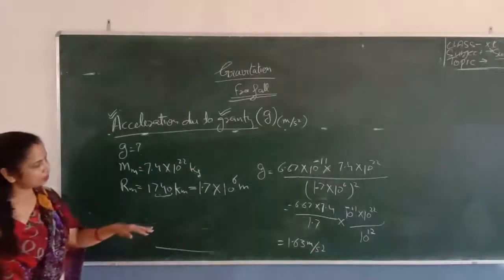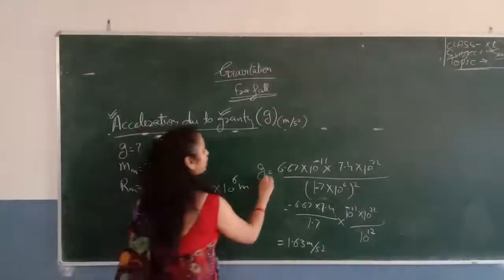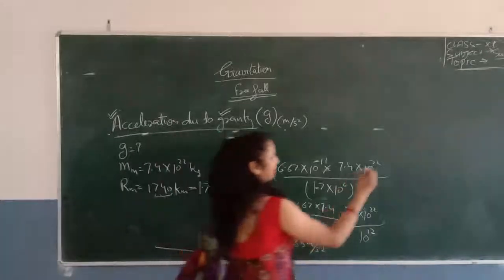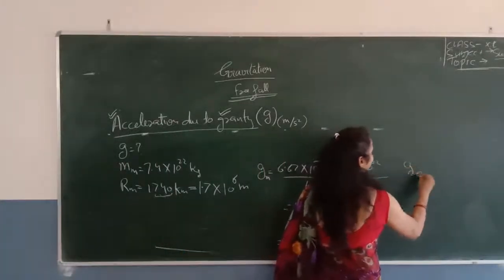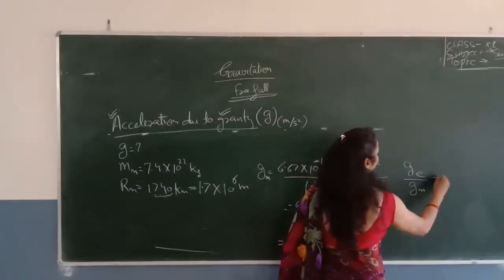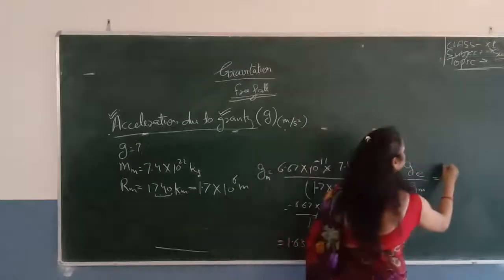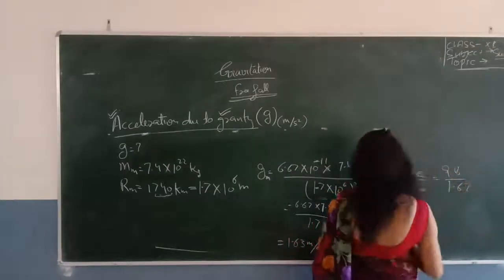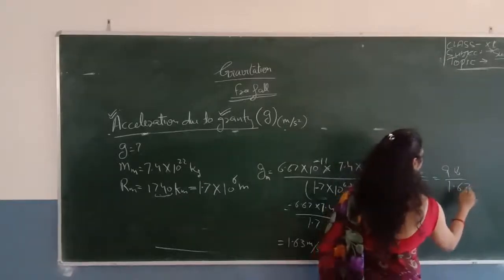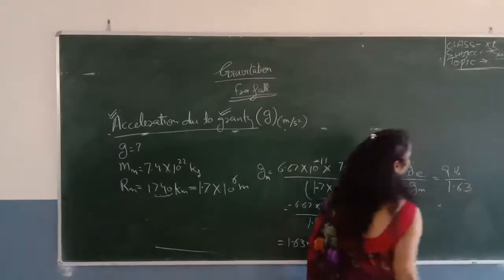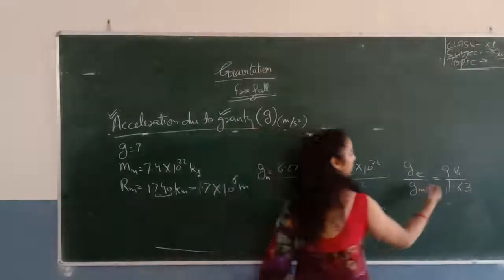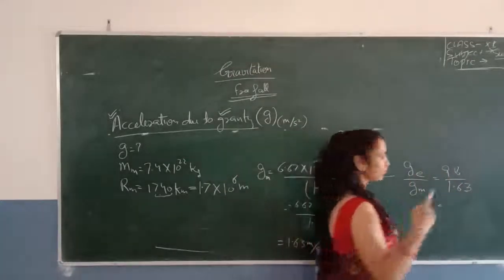What is the relation between the acceleration of gravity on the moon and on the earth? Let's compare g on the earth and g on the moon. g on the earth is 9.8 and g on the moon is 1.63. So it is near about 6 times, not exactly, 6 point something.